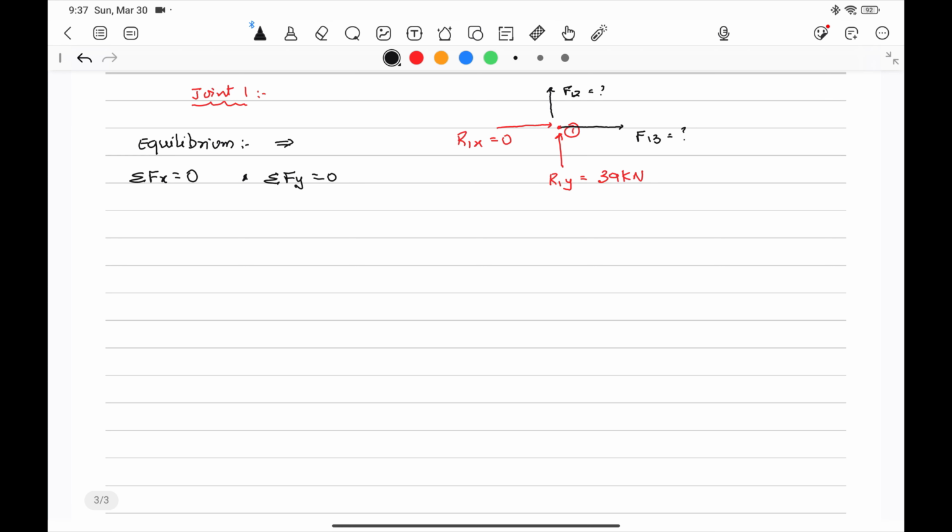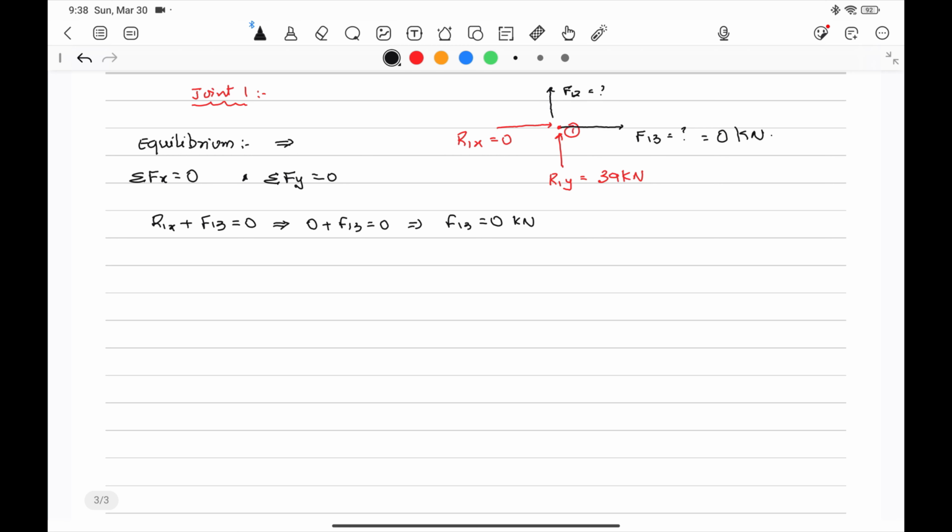Sum of the forces acting in the x direction: R1x and F13 both are acting in the same direction. Hence they have to be added. R1x plus F13 is equal to 0. But R1x is already 0. 0 plus F13 is equal to 0. That means F13 is equal to 0. This unknown is found out to be 0 kilonewtons.